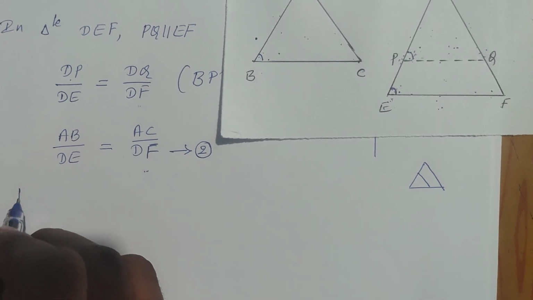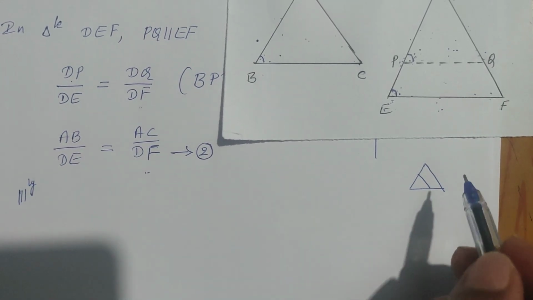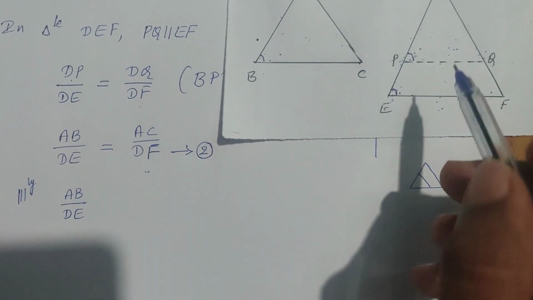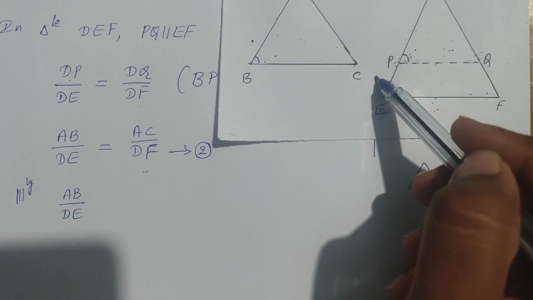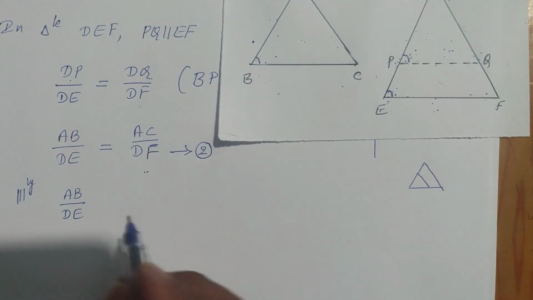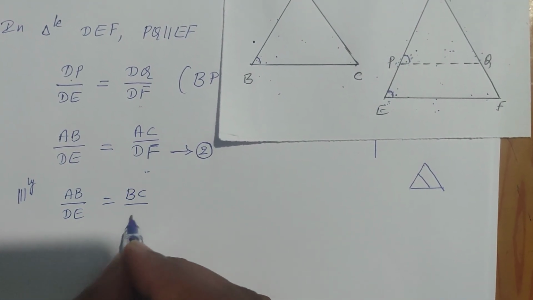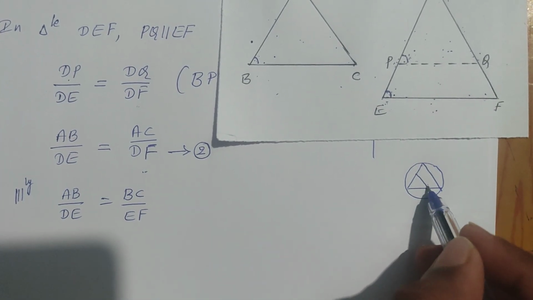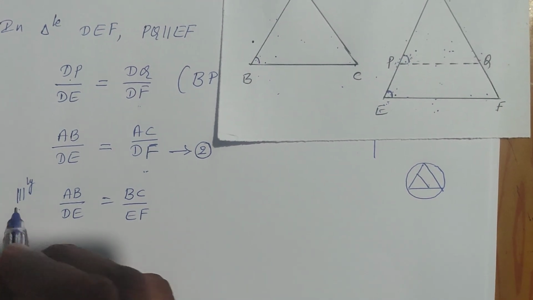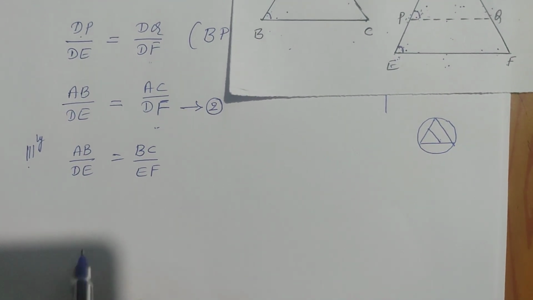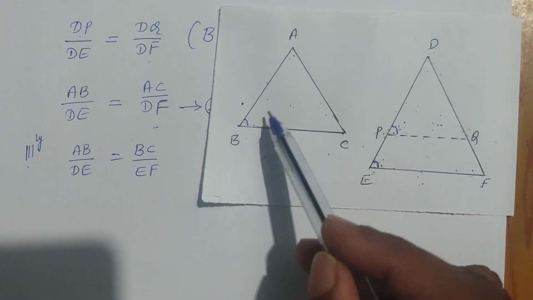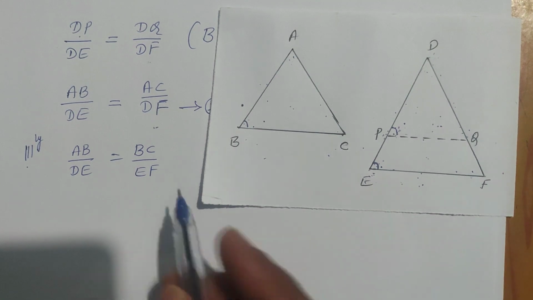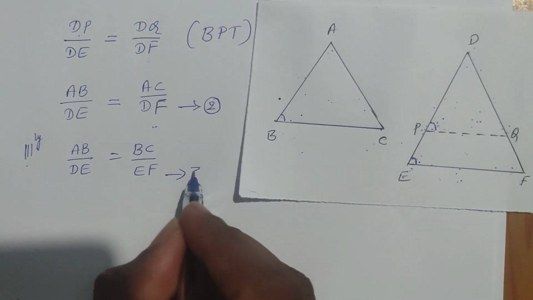Similarly we may get AB by DE is equal to BC by EF. There is no need to prove again, so we can just write similarly: AB divided by DE is equal to BC divided by EF. You can name this as equation number 3.